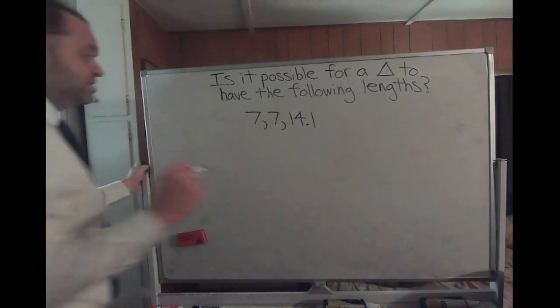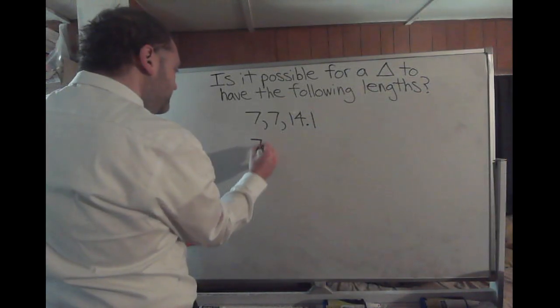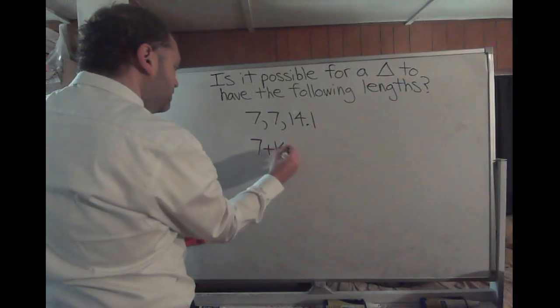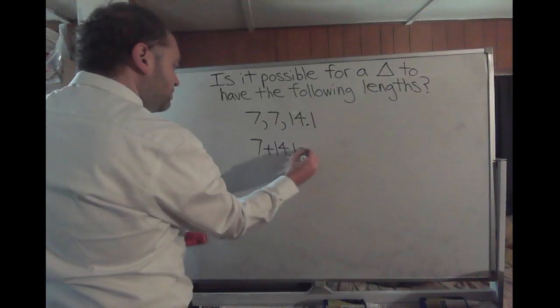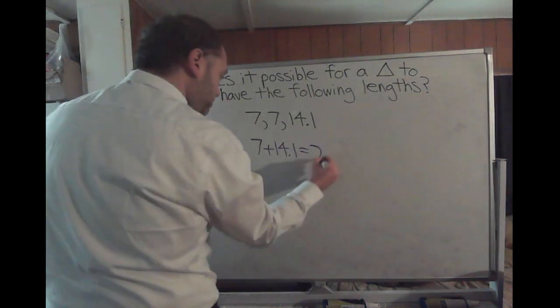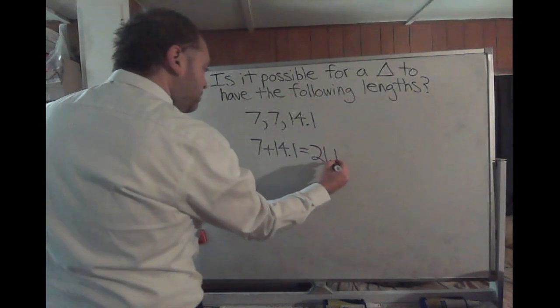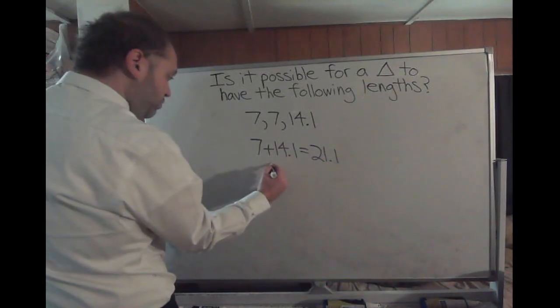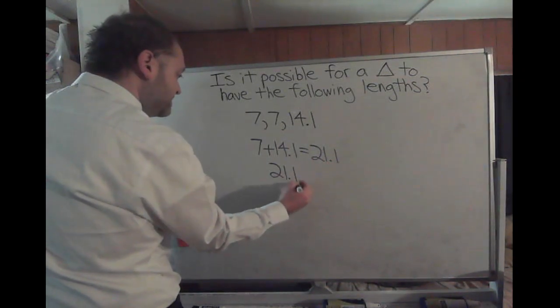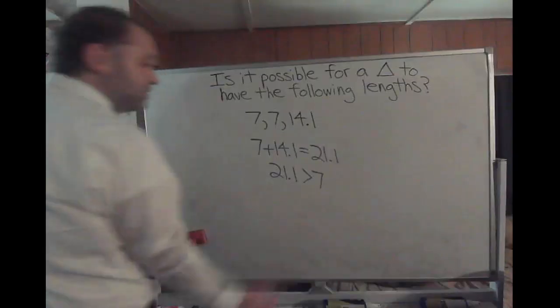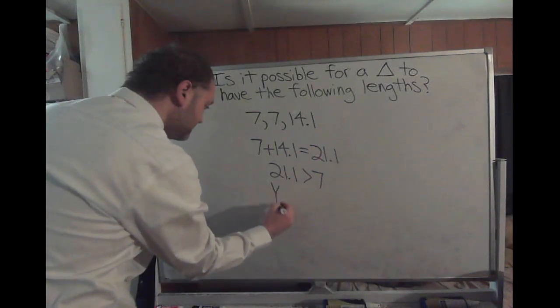But think outside the box. What if I took 7 plus 14.1? What's that going to give me? 21.1. Well, I think it's obvious that 21.1 is definitely greater than 7, so the answer is yes.